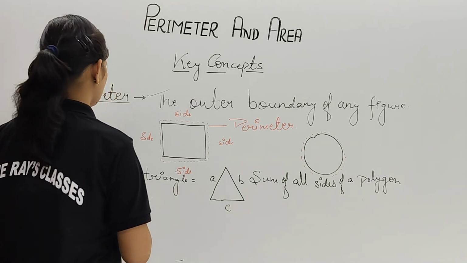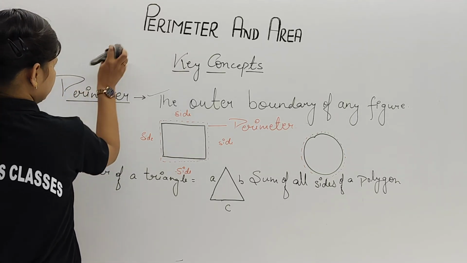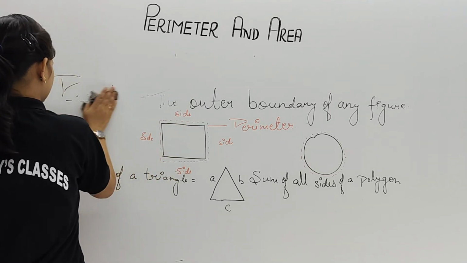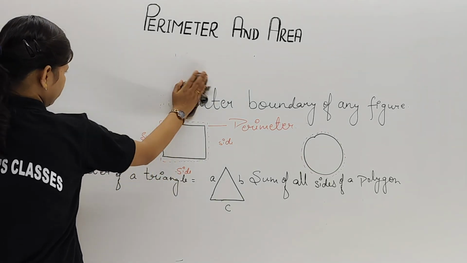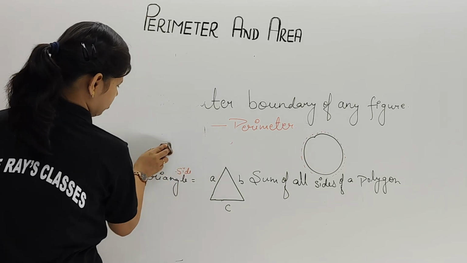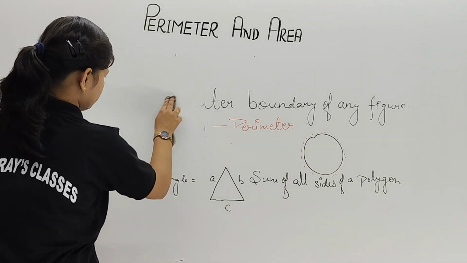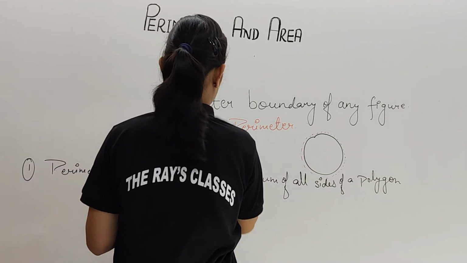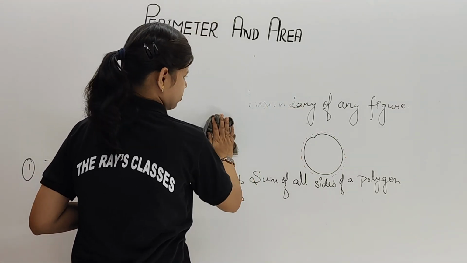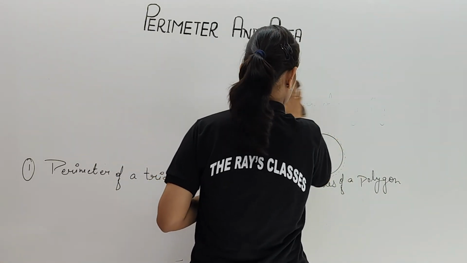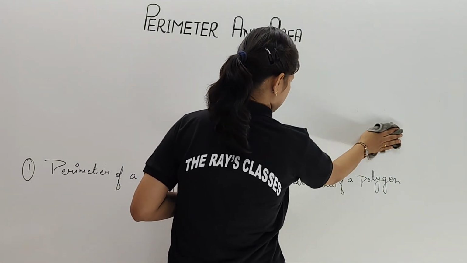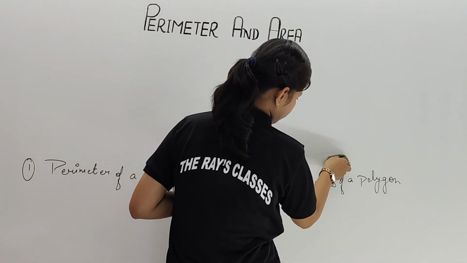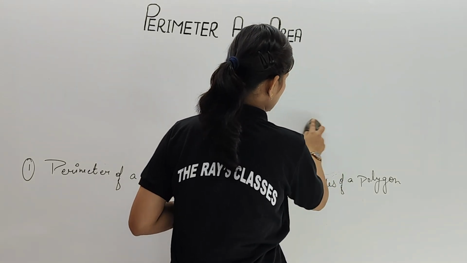Understood? Now next, the figure for us will be our square. Please note it down. Square. To write the formula for a square, first of all we have to understand what things the square consists of.